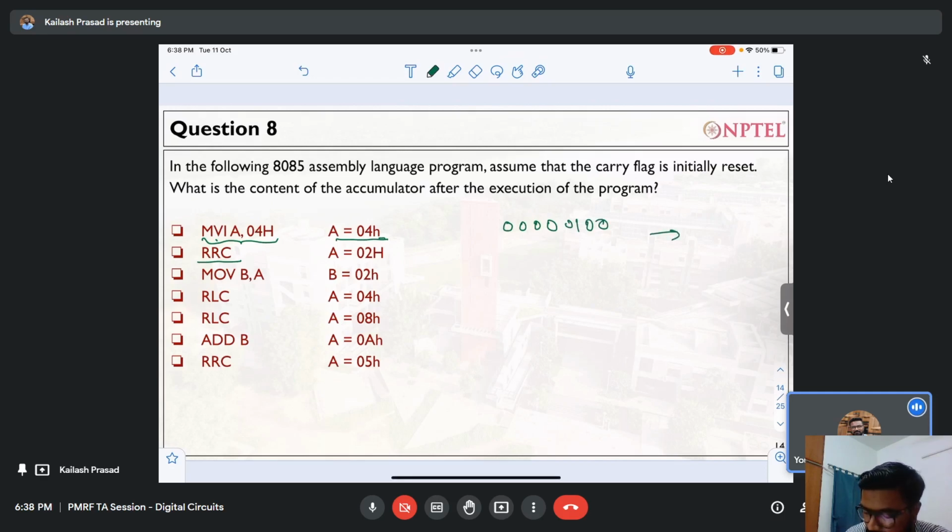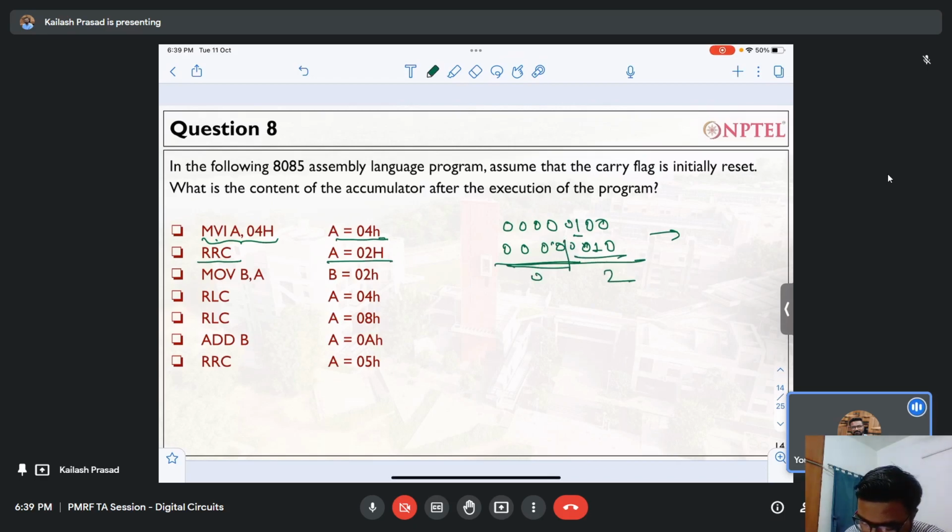Right shifting means you shift everything to the right by 1 bit, so it will be 0000 0010. So 1 has been right shifted, and this value comes out to be 02. So A will become 2.